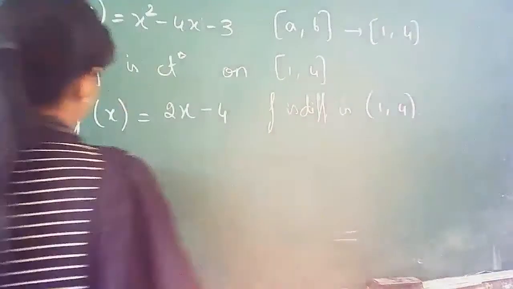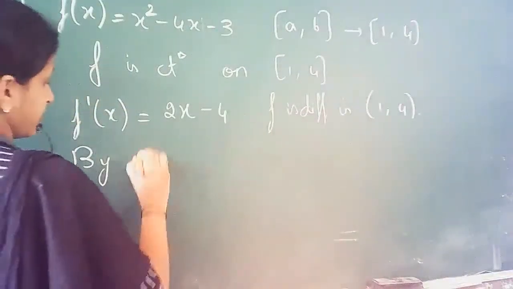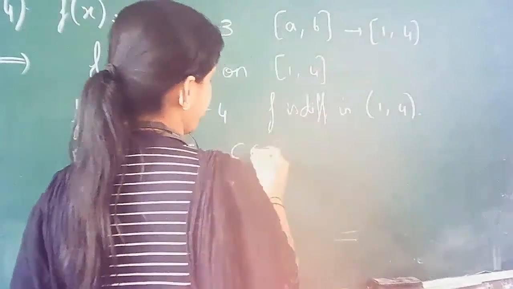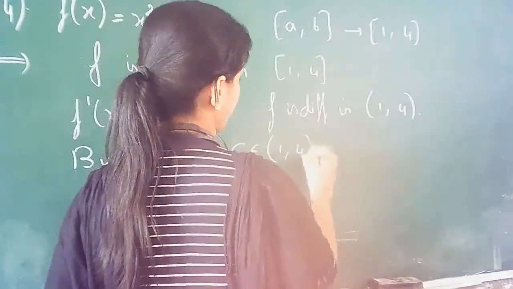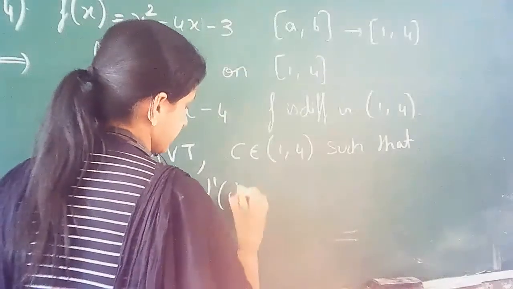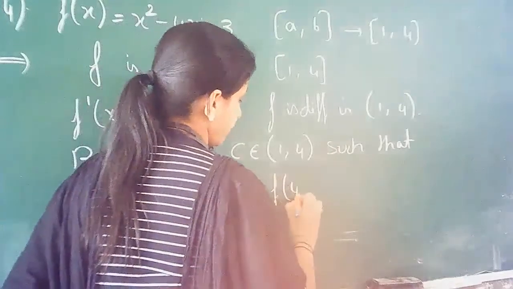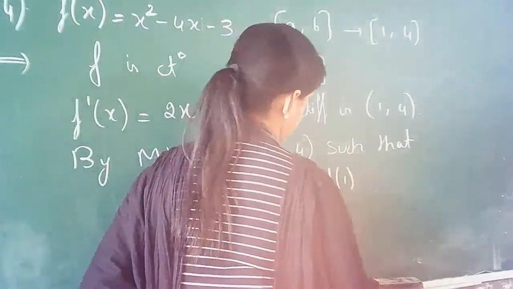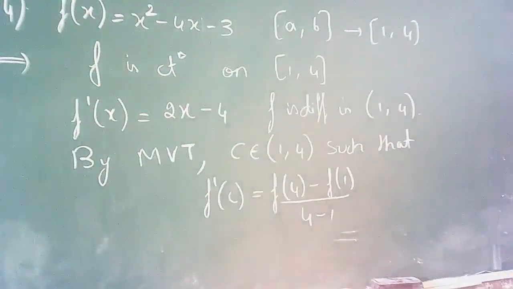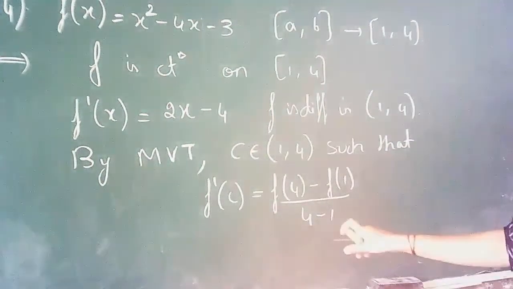Now, both the conditions of mean value theorem are satisfied. So by MVT, mean value theorem, there is some point c in open interval 1, 4 such that f dash of c is equal to f of 4 minus f of 1 divided by 4 minus 1.